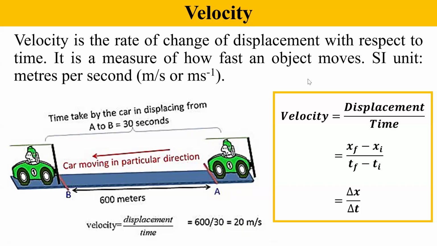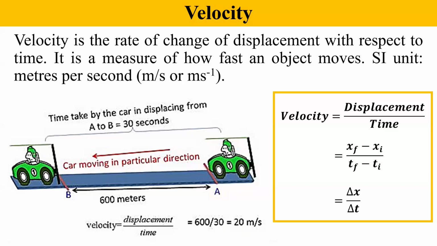All right. So we are saying here, time taken by a car in displacing from A to B is 30 seconds. The car has an initial starting point and a final point.